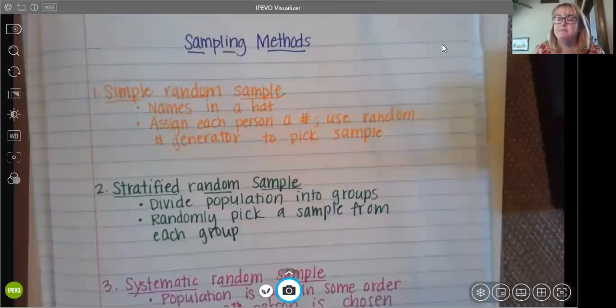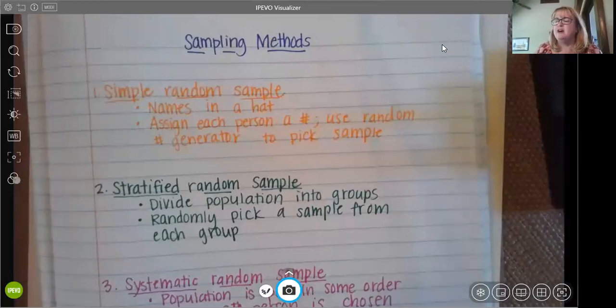Maybe it would be by grade, 6th grade, 7th grade, 8th grade. Maybe, if you want to cover all the middle schools in Norman, it would be some from each of the middle schools. But you divide your population into groups, however many groups you need to make sure that every group is represented. And then you randomly pick a sample from each group.